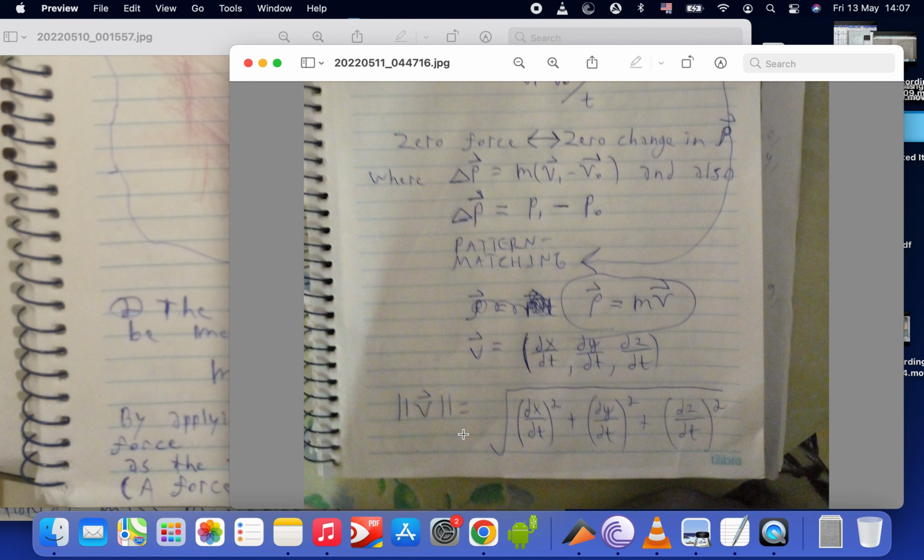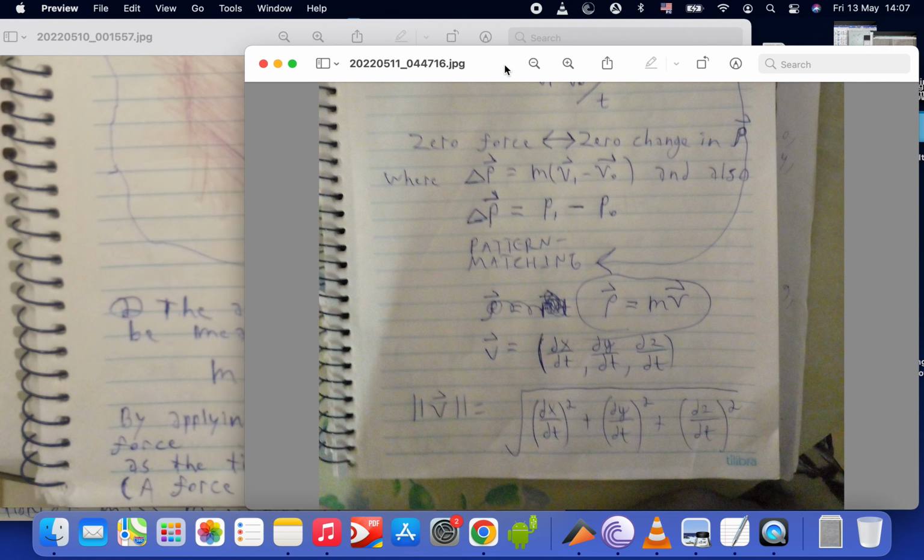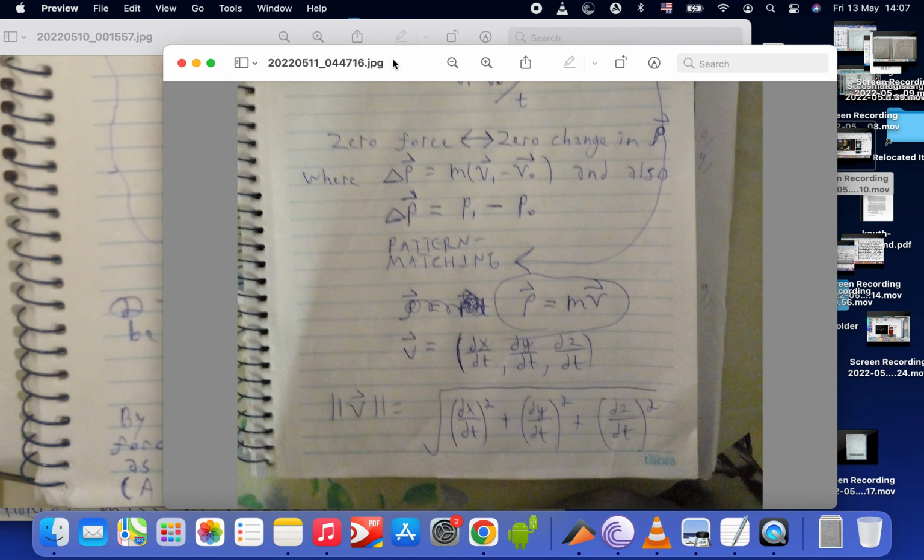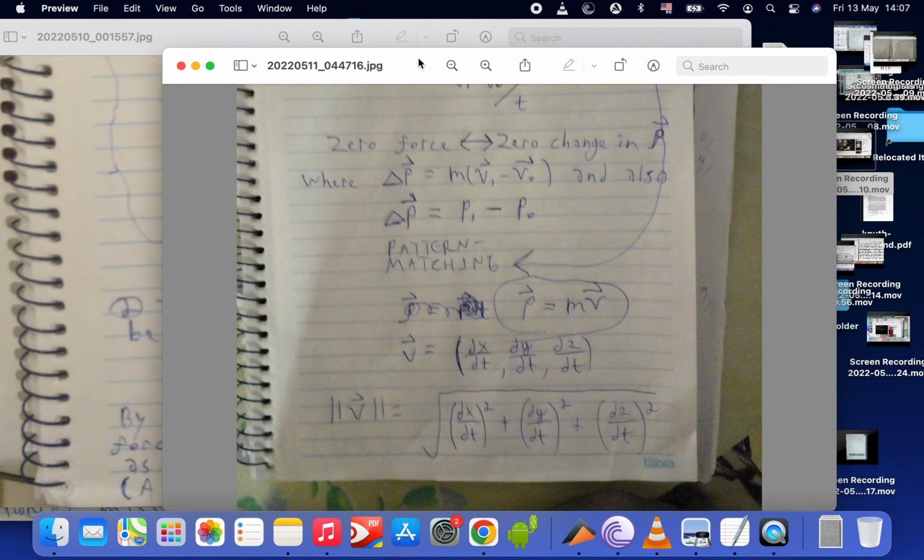And just to remind ourselves, the expression for the norm of velocity is the square root of this sum of squares, in 3 dimensions, which eventually we're going to need.